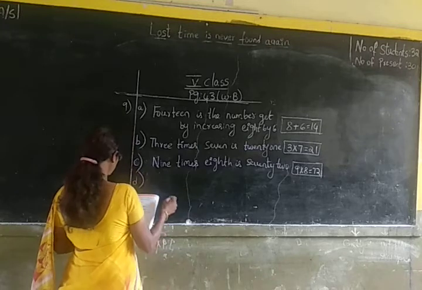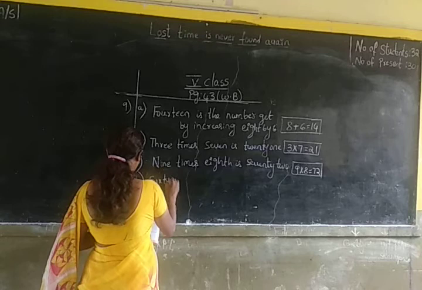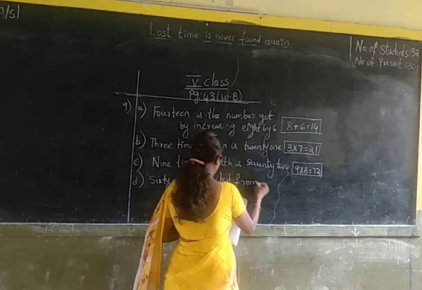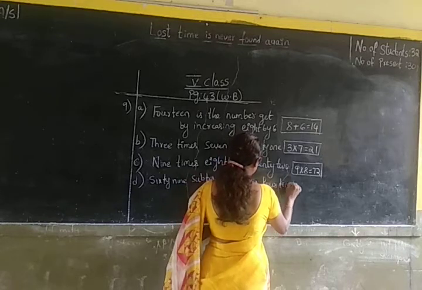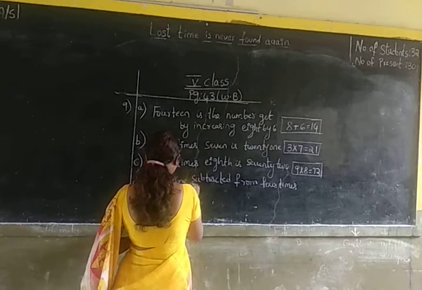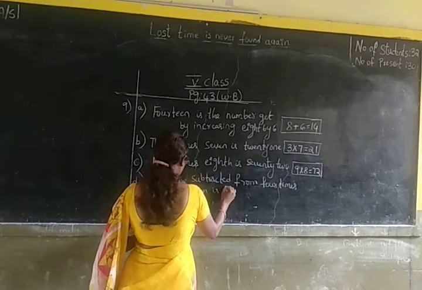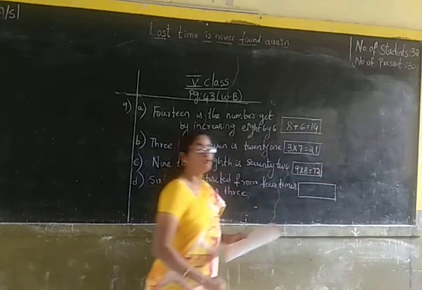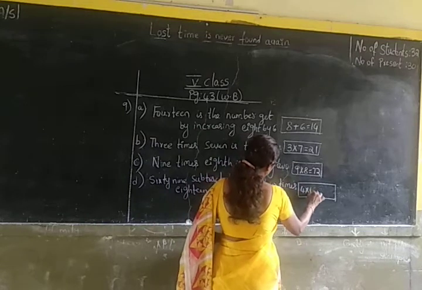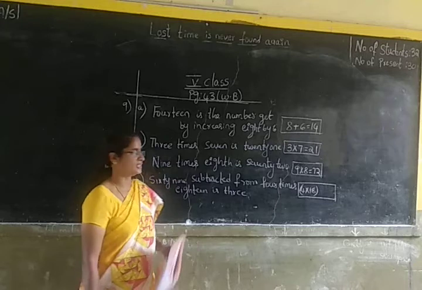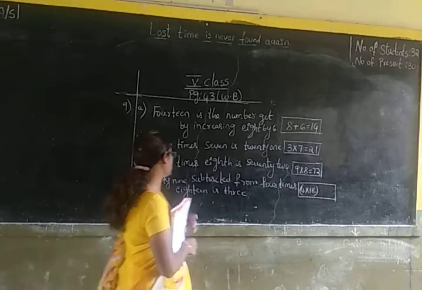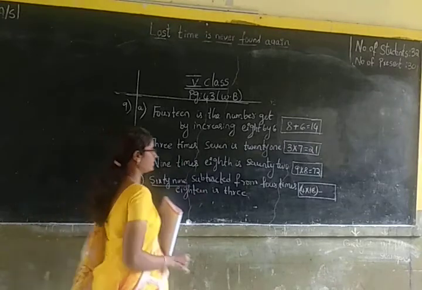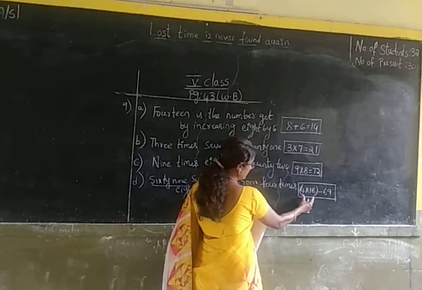Next, the D question. 69 subtracted from 4 times 18.